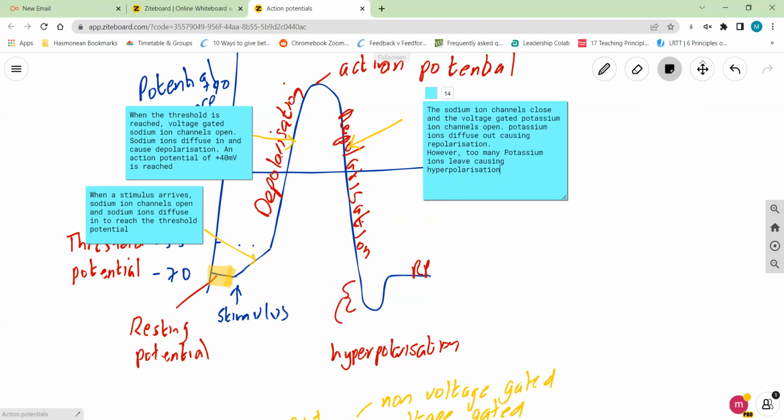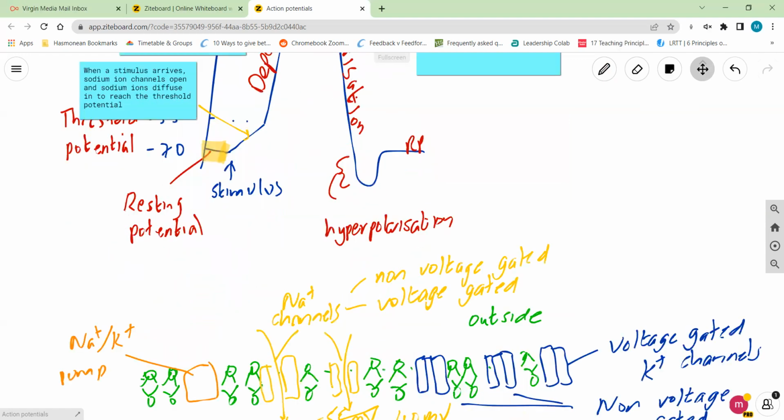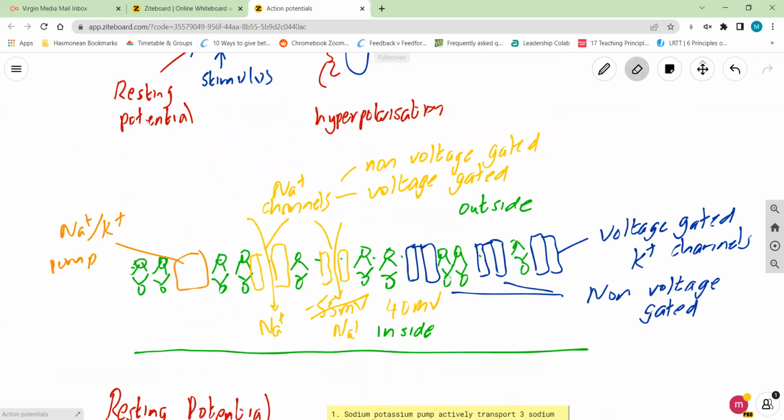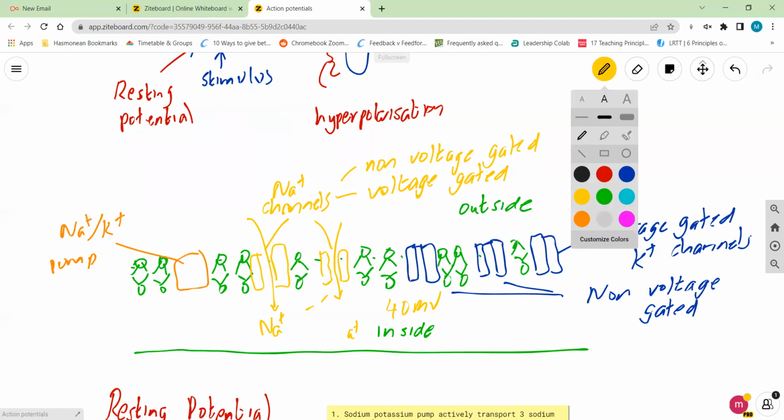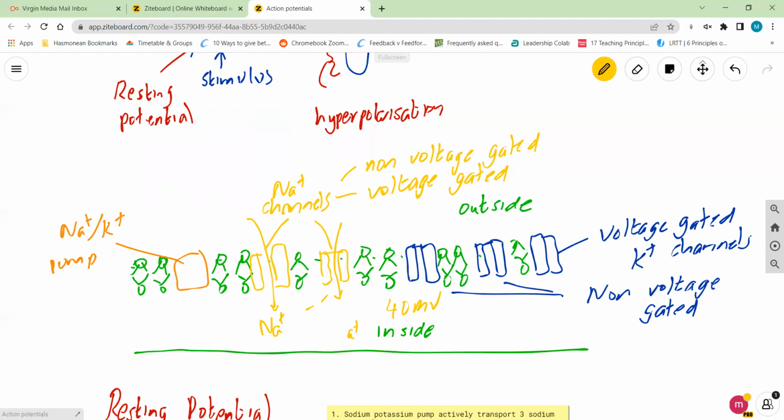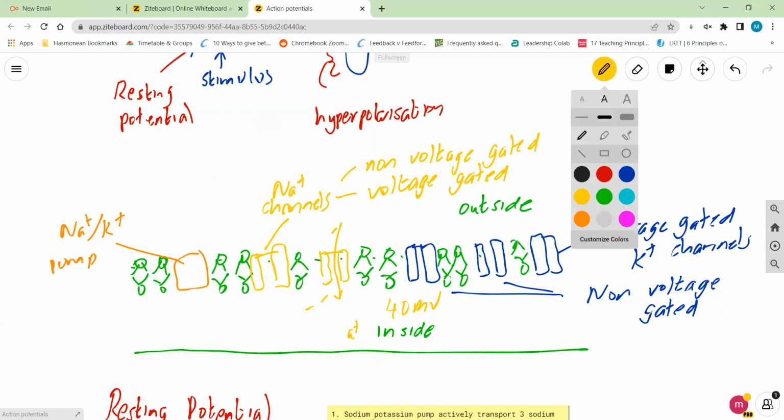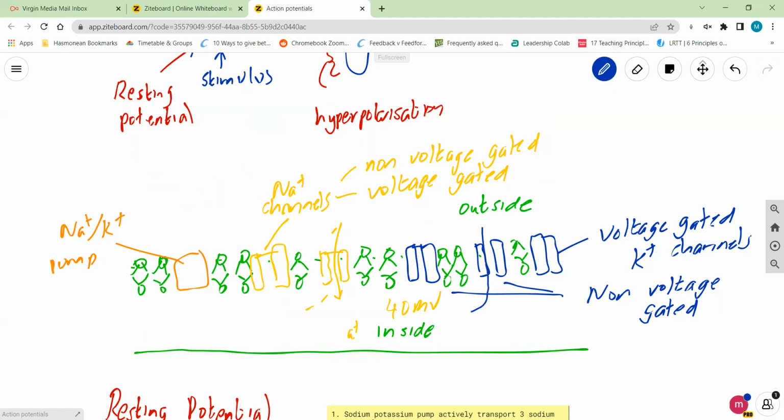Too many leave. Okay, so if we go back to our picture here, what happens is once we've reached plus 40, these channels will now close over there like that. Can no longer transport anything in. So get rid of that. Our potassium channels, however, will open, and our potassium ions will now move out.